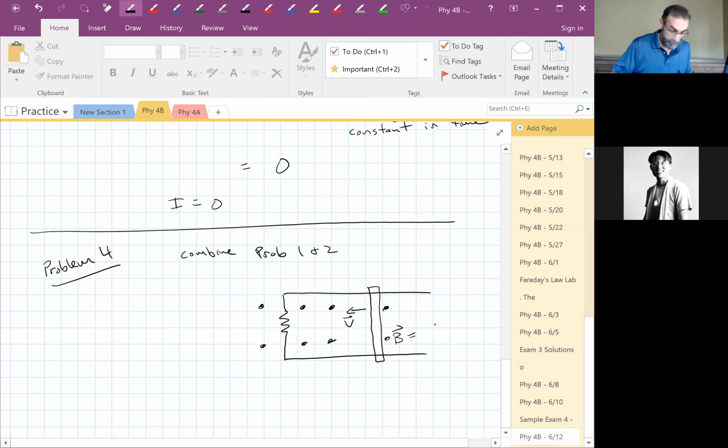And B is going to be a function of time. So we've got two things changing simultaneously. So can you come up with an equivalent circuit?